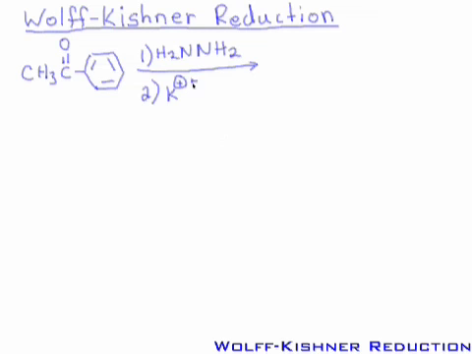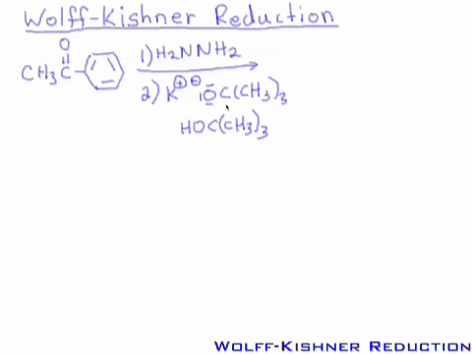Potassium, I'm going to put in tert-butoxide, OC(CH3)3. Now, if you use tert-butoxide as your base, what is your solvent? Well, your solvent obviously has to be tert-butyl alcohol. Why? Note that you always choose as solvent, if possible, the conjugate acid of the base you're using. The reason is if you use tert-butoxide in water, the tert-butoxide will deprotonate the H2O, giving you hydroxide, and so your base will not be tert-butoxide, it would be hydroxide.